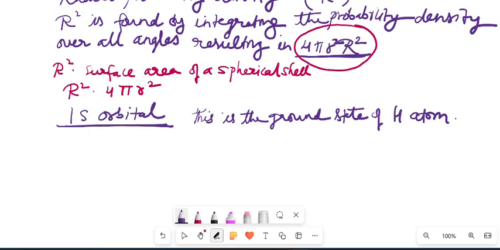The radial probability density is maximum at r equal to a0, where a0 is the Bohr radius.